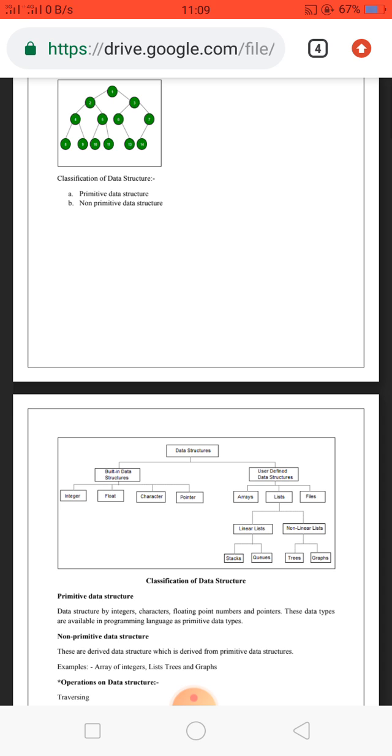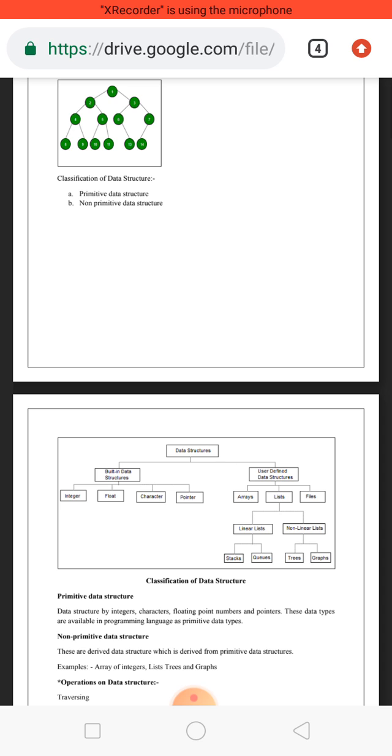User-defined data types are array, which is a collection of elements of the same data type, then list and files. Then there are two types of list: linear list, which has two subtypes, stack and queue. Just remember what a stack is. I'm giving you a hint or idea about stack.